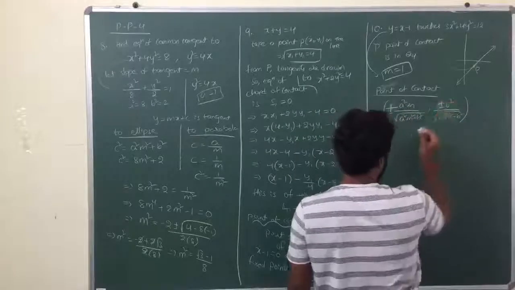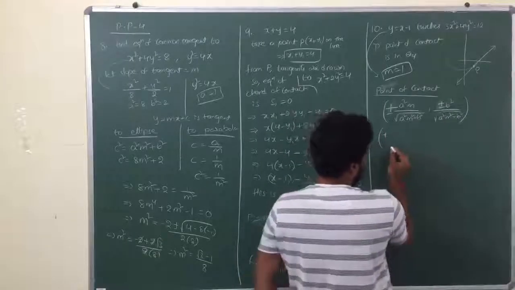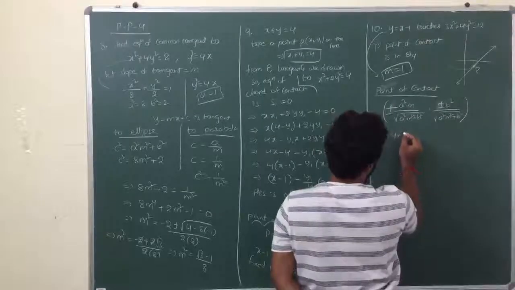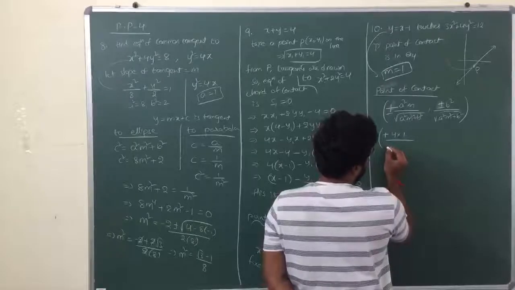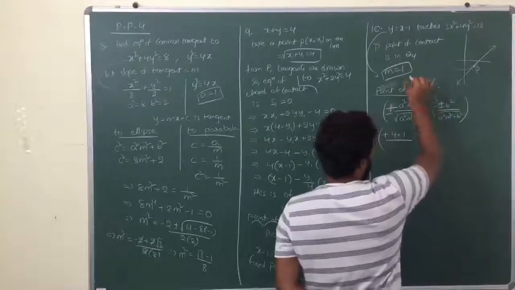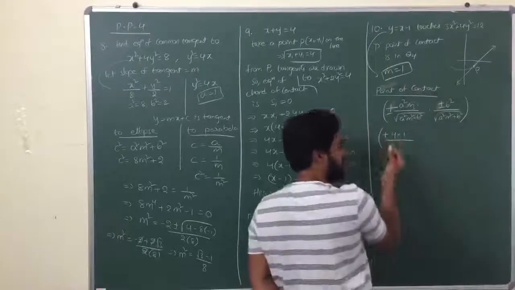Write plus or minus first; then I will explain the reason for the sign here. So plus a square, what is a square? It will be 4, into m, what is m? 1, by under root a square m square plus b square. See, the value of m is 1, so as m is positive, I can take the plus sign here.